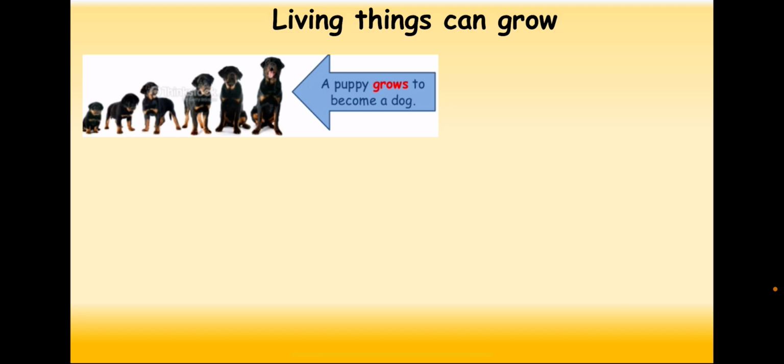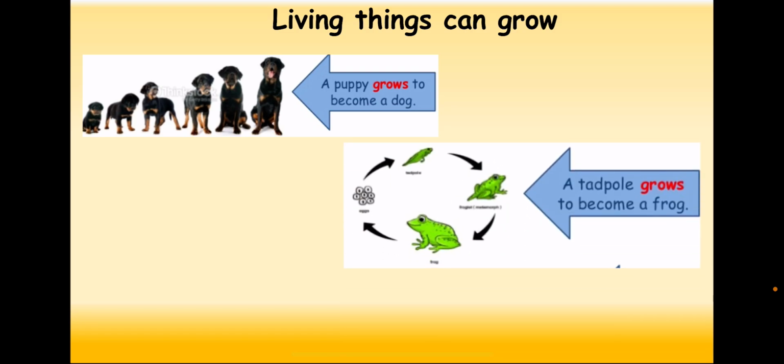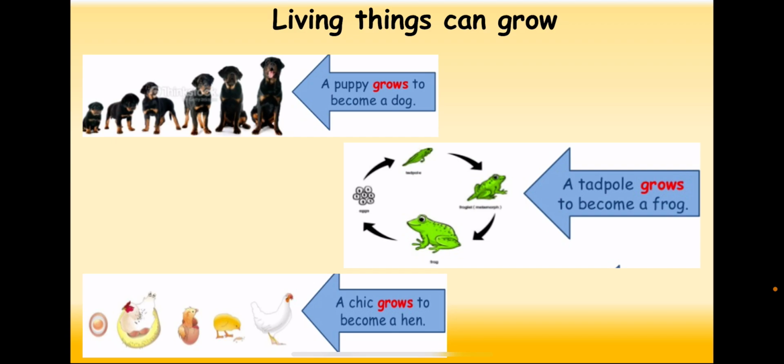A tadpole grows to become a frog. Young animals grow into adult animals. Here you can see from an egg we get a chick, the chick becomes a hen, and then the hen again lays eggs, and this is the whole cycle. So that's the way living things grow.